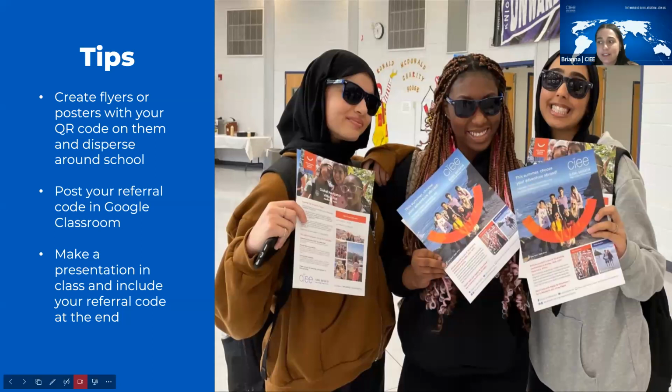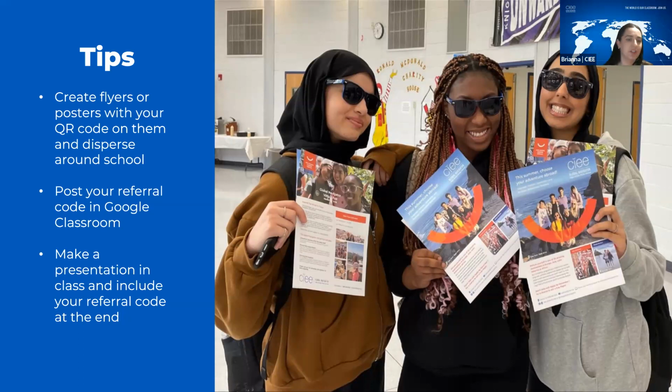So some tips for how to get that code out there, and I'm open to discussion as well if any of you have already done anything that is successful. But I think it's really just doing everything you can to get students to see that QR code, right? So either create flyers that you hang up in your classroom or around the school if your administration lets you, and flyers that you give to your own students to take home with them to look at the information, and make sure that that QR code is always on it.